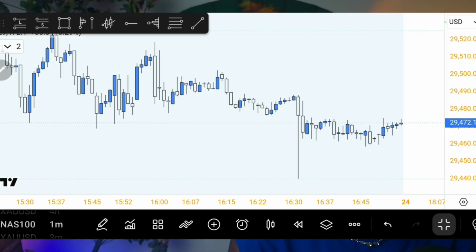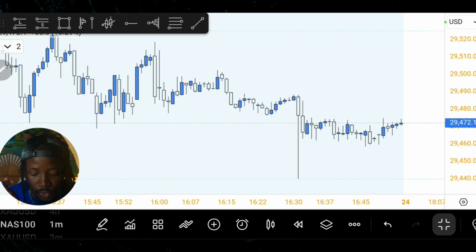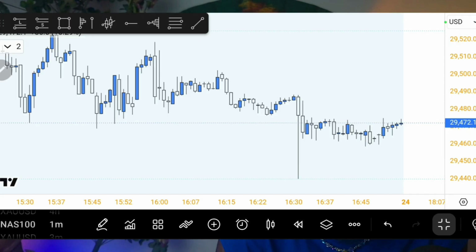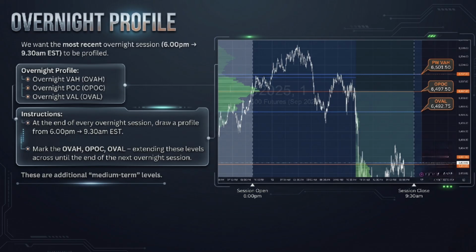So now that we have the previous week volume profile drawn out, I'm going to show you how to draw the overnight volume profile, and I will show you the settings. The same settings we used for the previous week, we're going to use for the overnight volume profile. It's important.